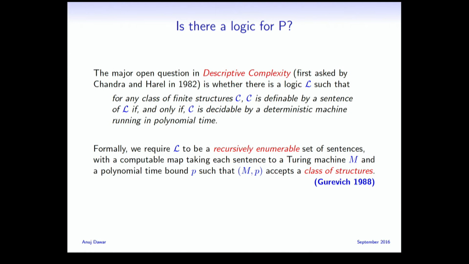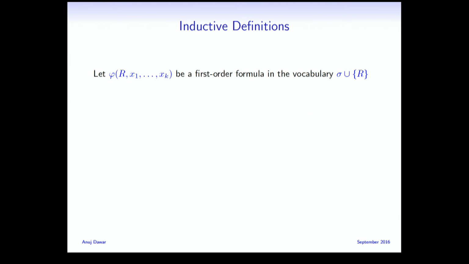So what do we know about the existence of a logic for P? The interesting work here starts with fixed point logics, which Chandra and Harel sort of introduced in the form of Datalog, which is the closure of existential positive first order logic under fixed points.